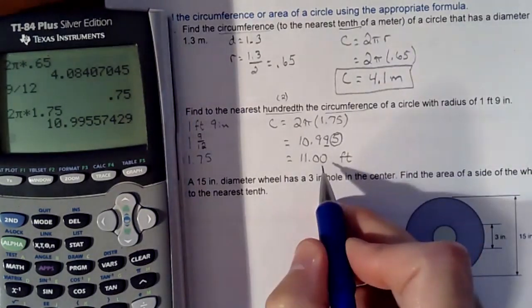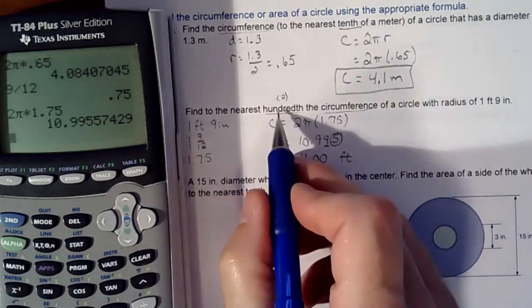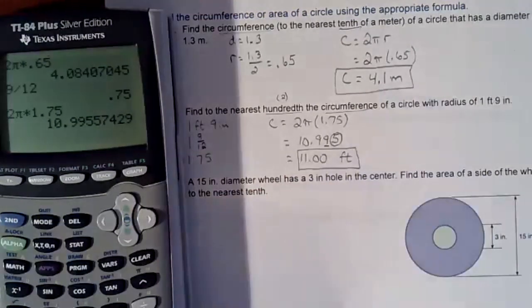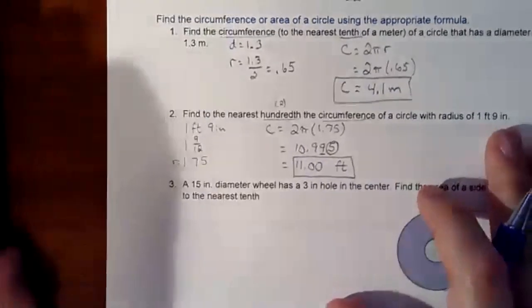I'd put it, because it's asking you to go to the nearest 100th, so I would assume they're going to want you to go out to the 2 decimals. So, okay, straightforward, pretty good. Formulas, just plug them in.